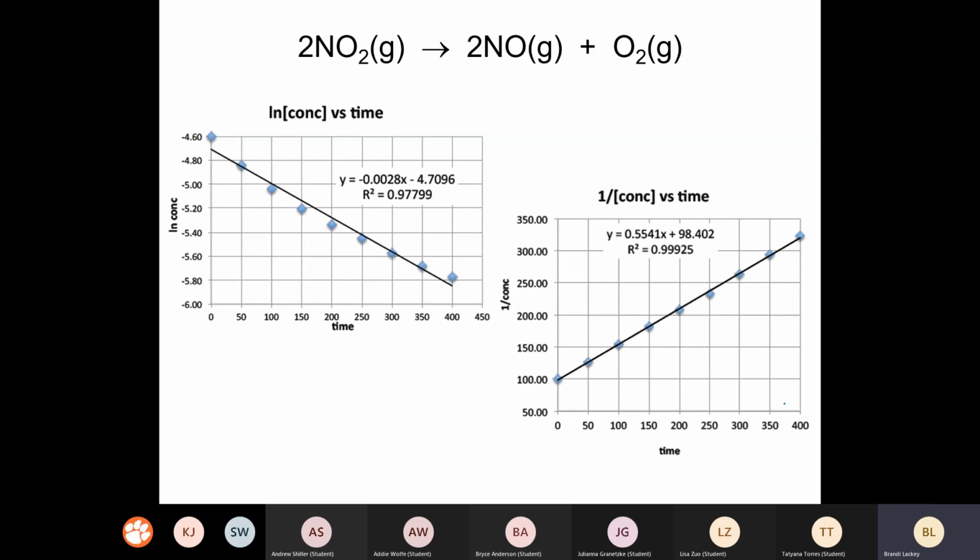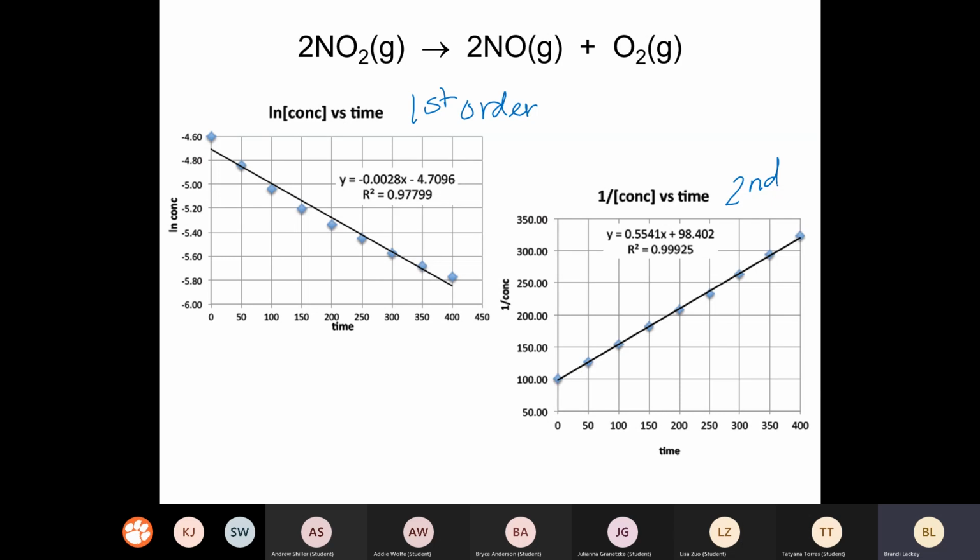Remember we said natural log of concentration is first order. The 1 over concentration is going to be second order. And you're looking for what is the straightest. Both of these have a straight trend line on it, but looking at the actual points, which one's the straightest? If you have that R squared value, you can find this on your graphing calculator. You can input stuff and it'll give you that R squared value.